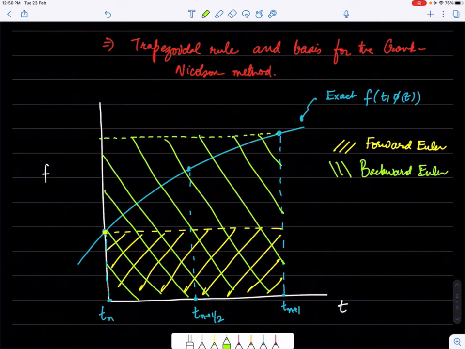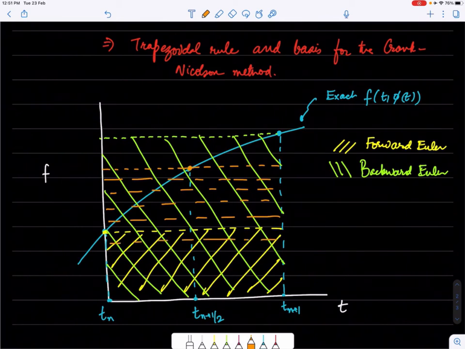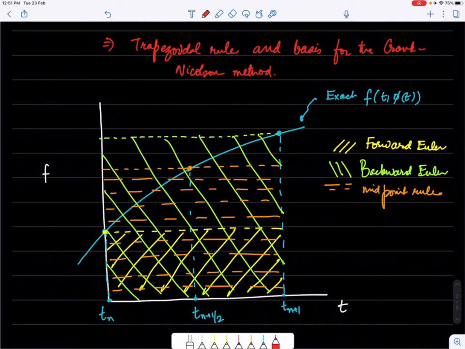Now what about the midpoint rule? The midpoint rule is now saying that we would calculate the slope on the basis of the midpoint on this interval, which is this point, and so now we take that value and calculate the area under that rectangle. So the midpoint rule will actually give me something like the area under this rectangle. Finally, what is the trapezoidal rule doing? It is approximating the overall area by drawing a linear relationship between the end points.